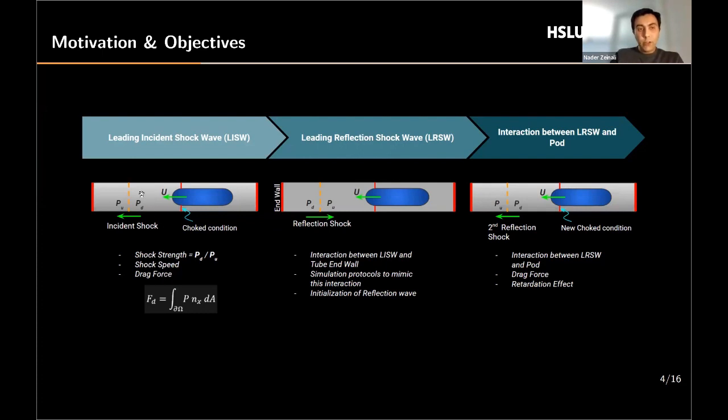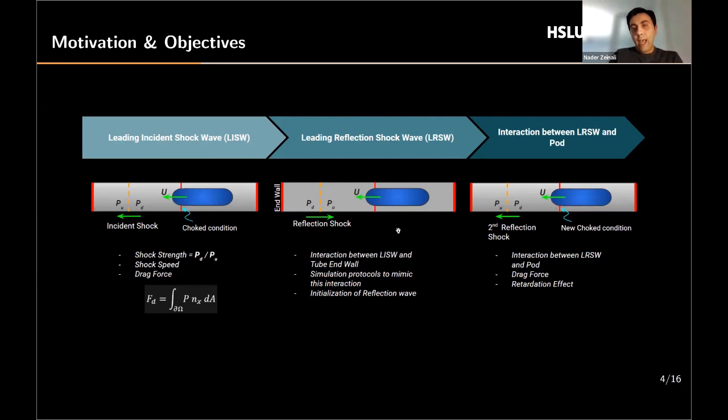But as the shock wave is generated, it moves towards the tube end wall, and at some time it hits the end wall and is reflected back, which we call the leading reflection shock wave, LRSW. Here we developed a simulation protocol to mimic the interaction between the incident shock wave and the tube end wall, consistent with the incident solution.